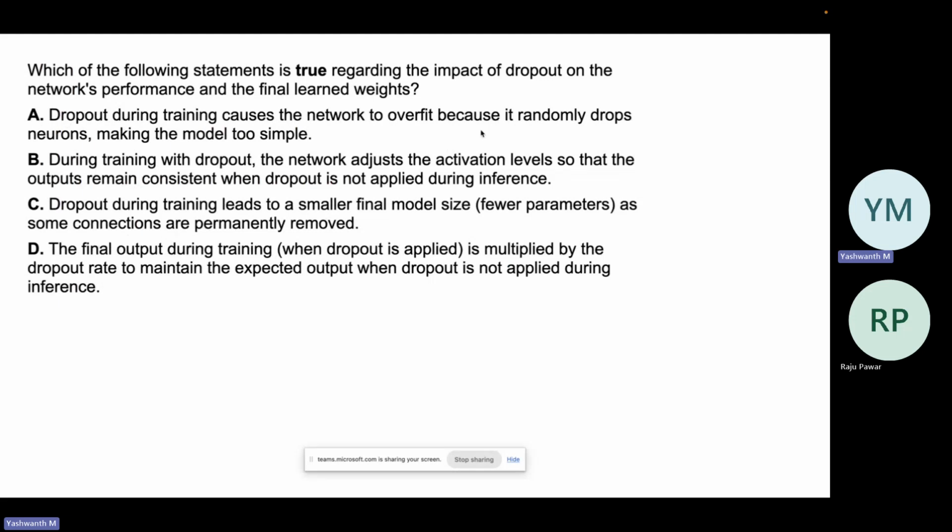It doesn't cause training to overfit. Okay, during training with dropout, the network adjusts the activation level so that the output remains consistent when dropout is not applied during inference. This is true. And dropout during training leads to smaller final model size. This is wrong because dropout just prunes the weights only during training. During inference, all the parameters have to be used.